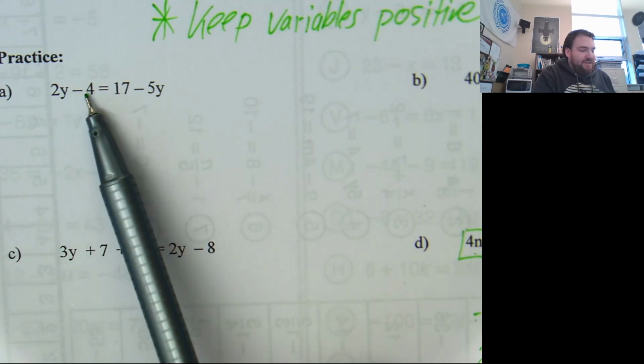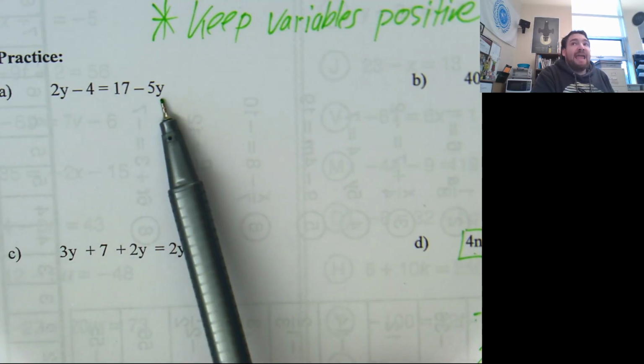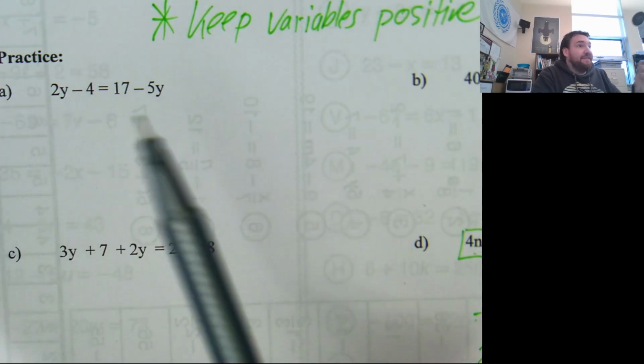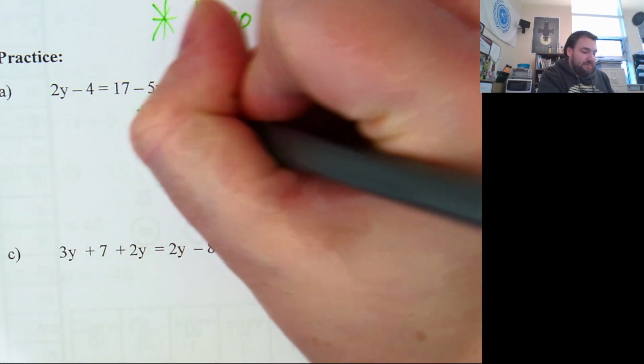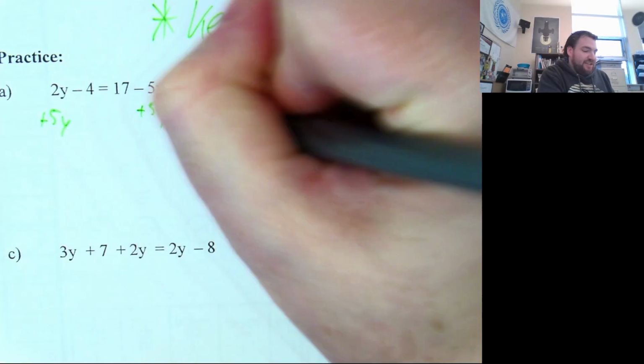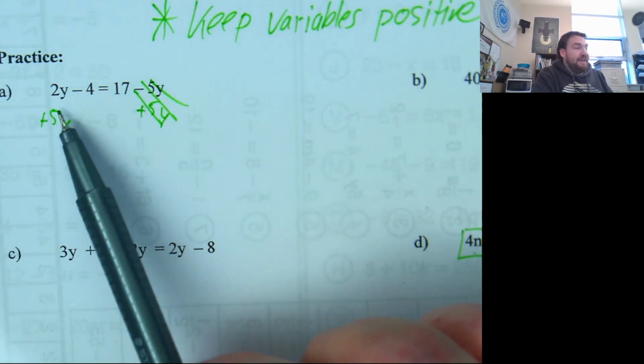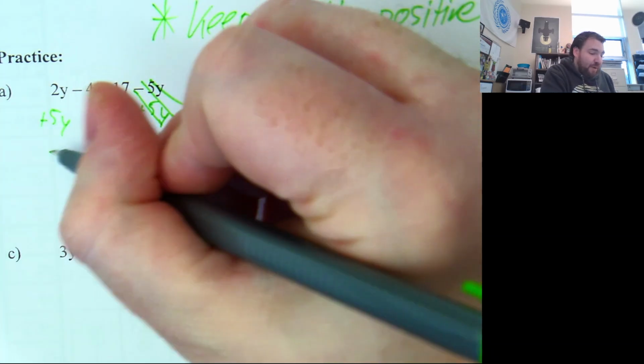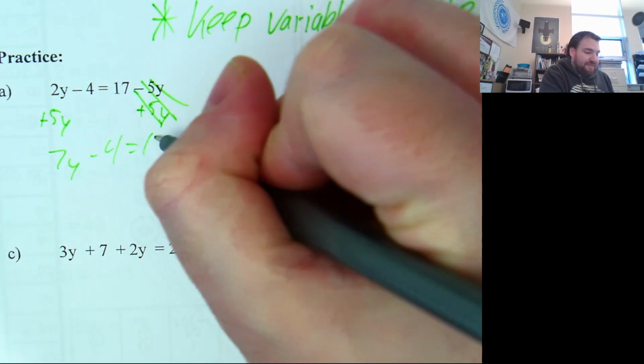So I've got 2y minus 4 equals 17 minus 5y. How am I going to get this negative 5y to the left? By adding 5y. That's going to get rid of those negative variables, and it's going to make them positive over here. So it's going to be 7y minus 4 equals 17.